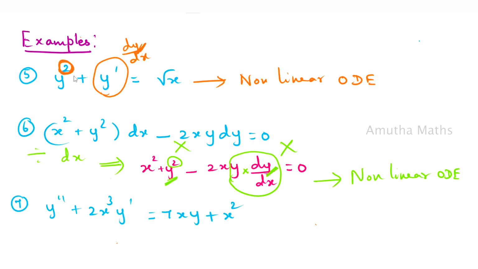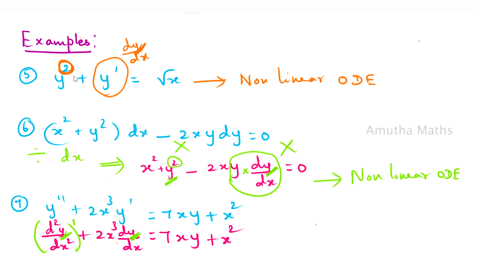Now look at the seventh example. y double dash plus 2x cube y dash is equal to 7xy plus x square. So this can be written as d square y by dx square plus 2x cube into dy by dx is equal to 7xy plus x square. Now what is the dependent variable? y is the dependent variable. So here this derivative d square y by dx square is of degree 1, and this derivative dy by dx is also of degree 1, and the dependent variable y is also of degree 1.